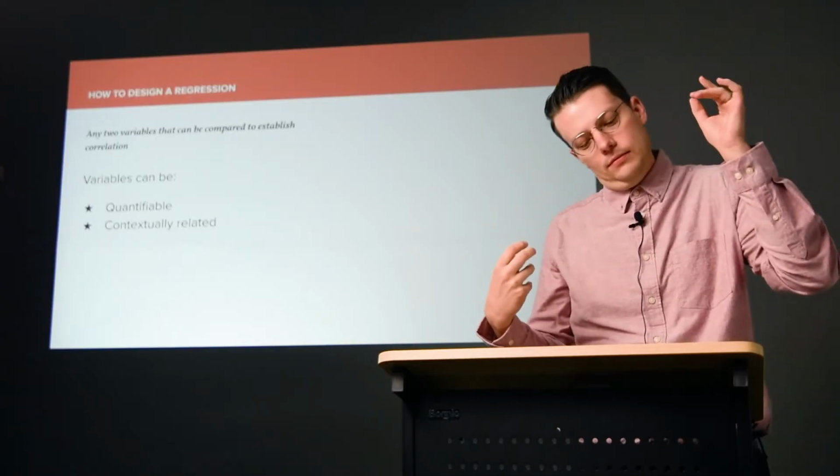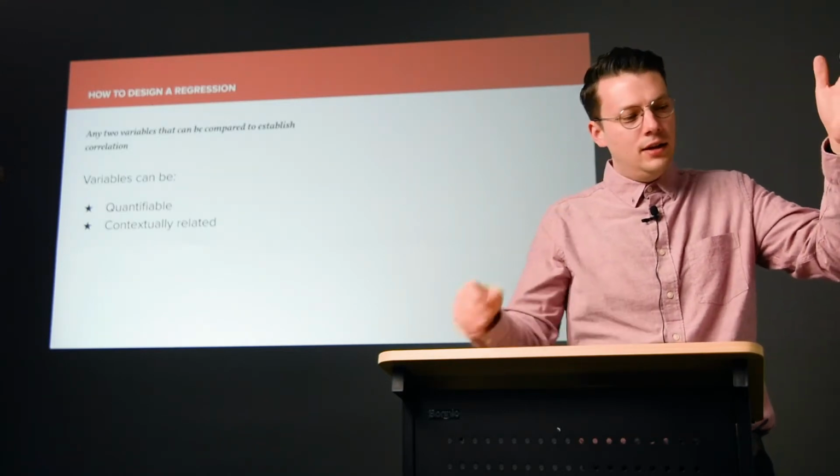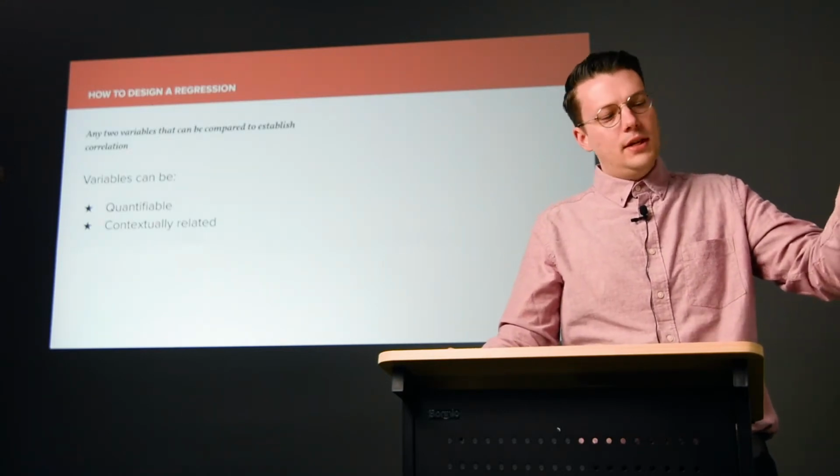So let's talk a little bit about what the parameters of a regression are. So we've got two variables, and a variable means this one is a thing that can change. We define a number set here.